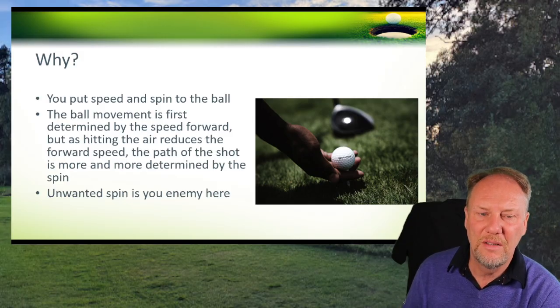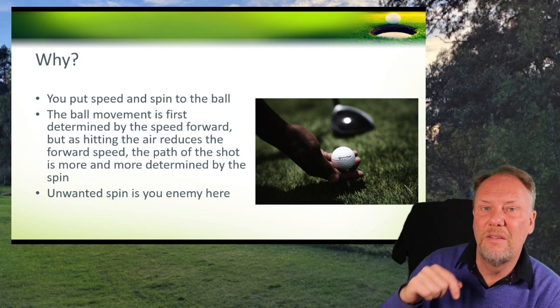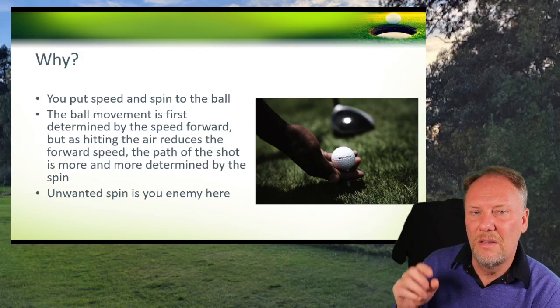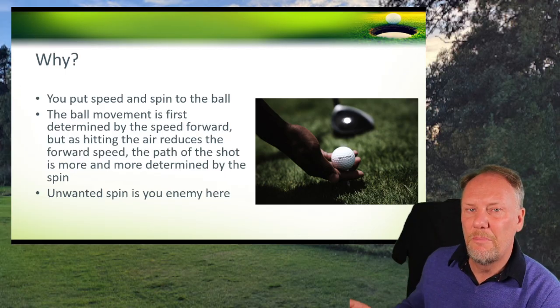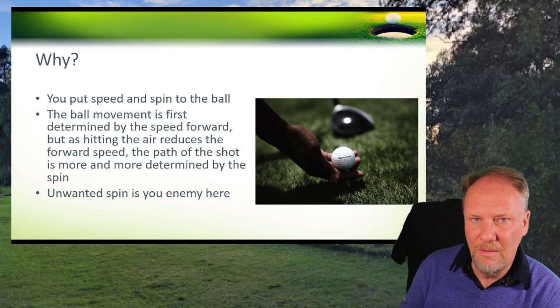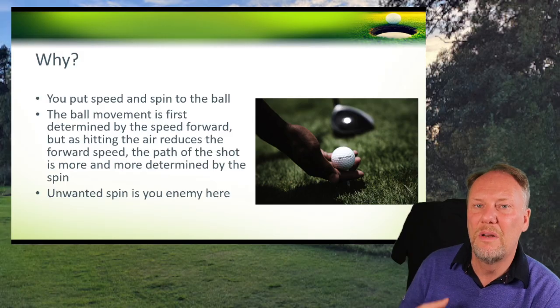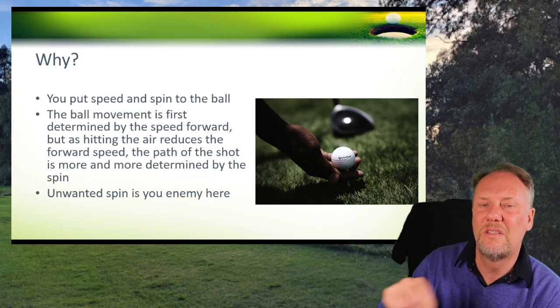We don't want that. And if you look at the path in the air the ball takes, the first part of the flight is determined predominantly by the speed and the direction the ball is hit at. And the second portion of the flight path is determined more by the spin of the ball.